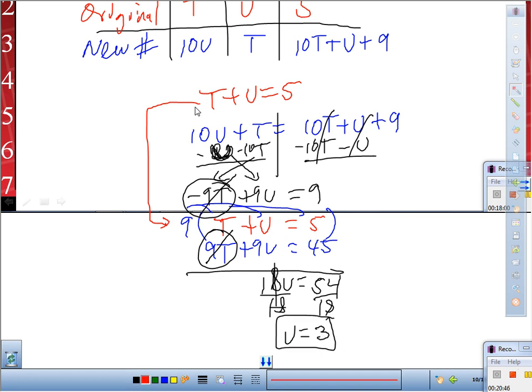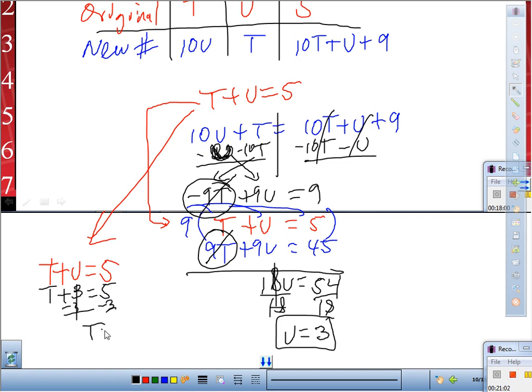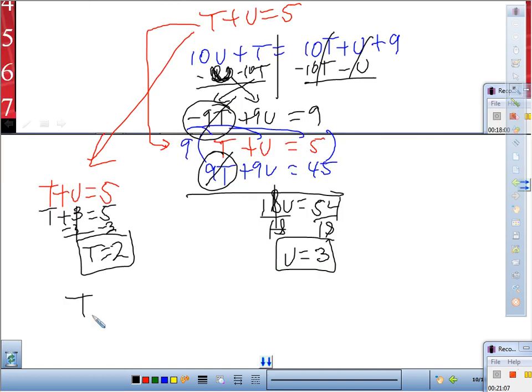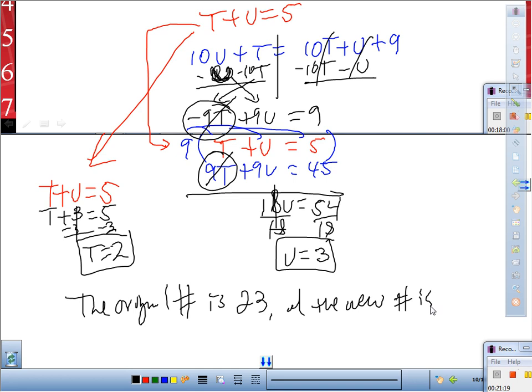Okay. Then we use our original T plus U equals 5. Minus 3. T equals 2. So the original number is 23 and the new number is 32.